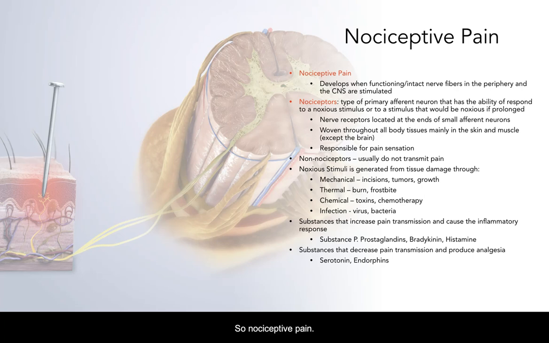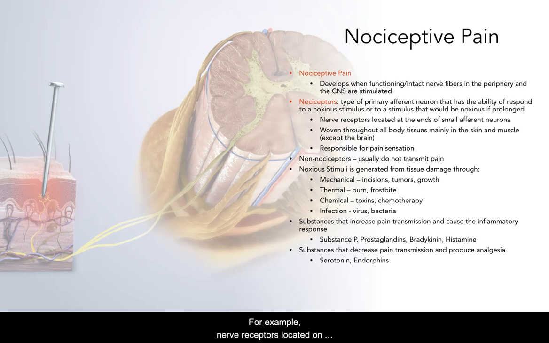So, nociceptive pain. Now this develops when functioning intact nerve fibers in your periphery, for example, your hands, legs, and fingers, and the CNS are stimulated. Nociceptors are the type of afferent neurons that have the ability to respond to a noxious stimulus or to a stimulus that would be noxious if prolonged.